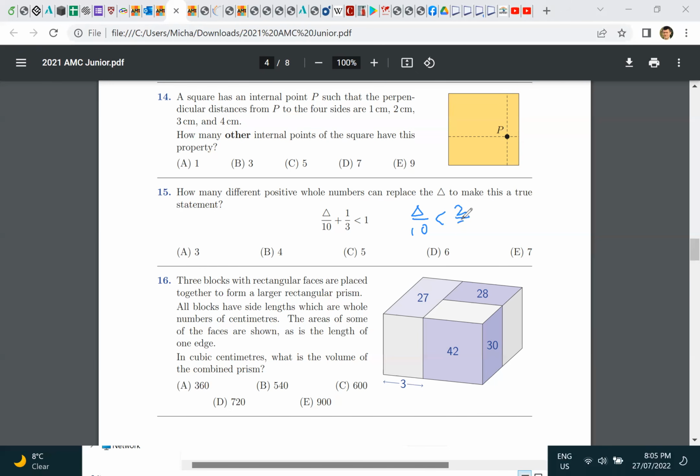So 1 minus a third is 2/3, yeah? Okay, and then you're allowed to times both sides by a positive number without changing the inequality, yeah? So a good thing to times by here would be 10. If you times both sides by 10, you get delta is less than 20 on 3, yeah?